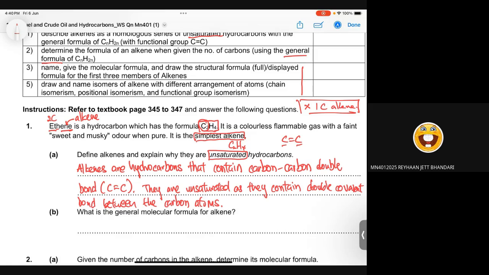Because of the existence of this carbon-carbon double bond, more atoms can be added across the carbon-carbon double bond. That's why it's unsaturated. Unsaturated means not saturated, means I can add more stuff. Okay, that's what the idea of saturation means. So more atoms can be added across the carbon-carbon double bond.